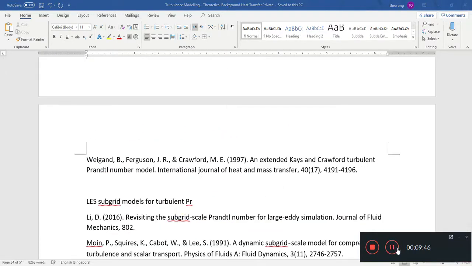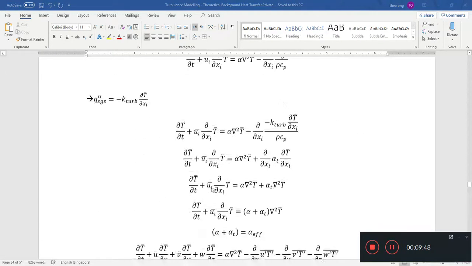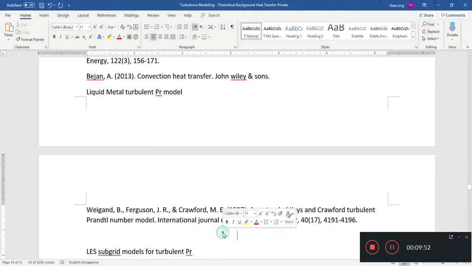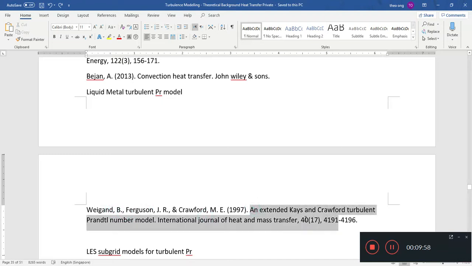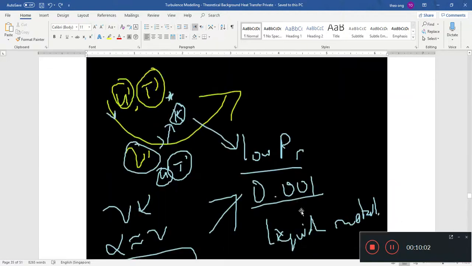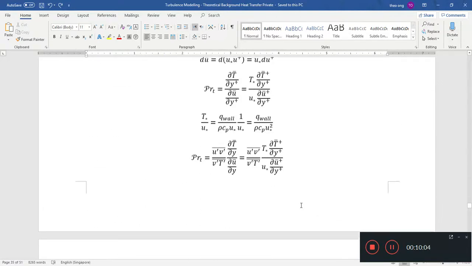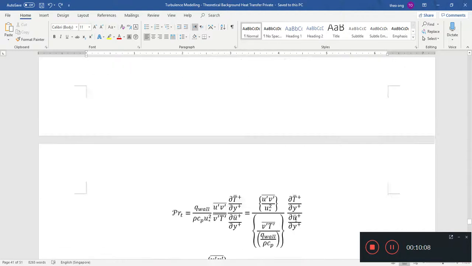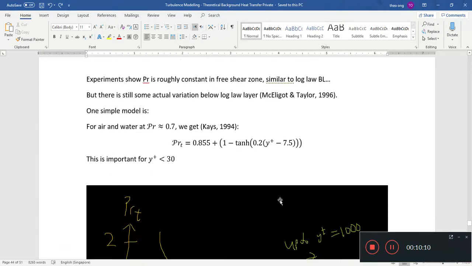Okay, oh yes, I put it in this part. Of course you'll find it in the description, but here's the Weigand and Ferguson extended Kays and Crawford model for turbulent Prandtl number. This is for liquid metals. So I'll scroll back down and I'll just describe the model to you. No derivations here, but just roughly get the idea.